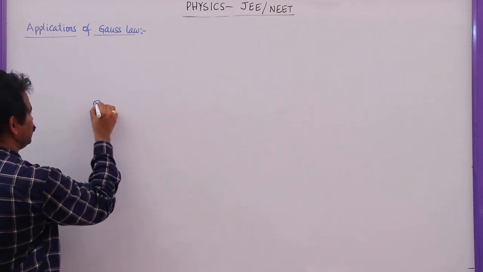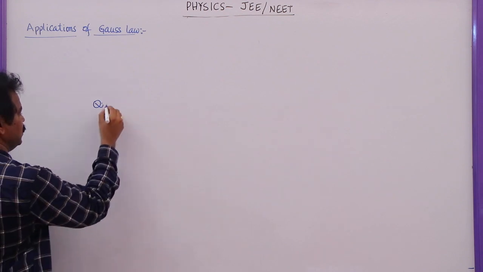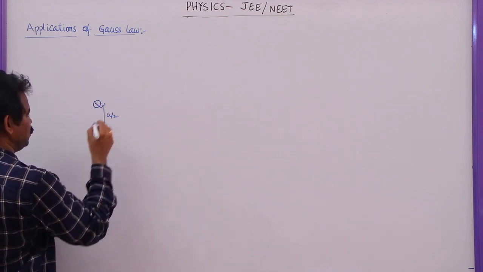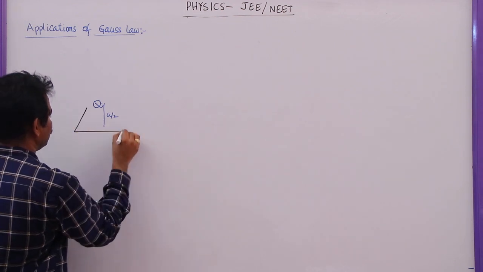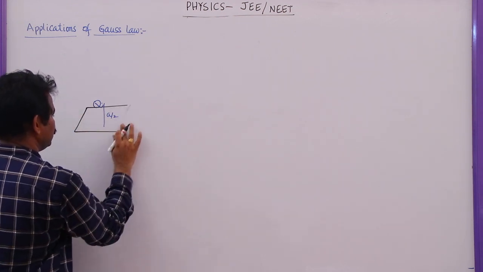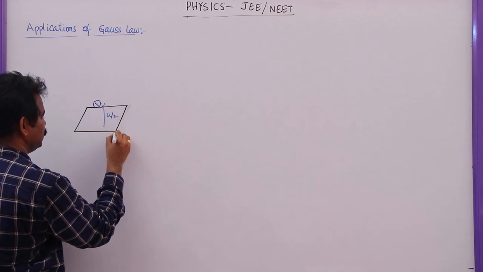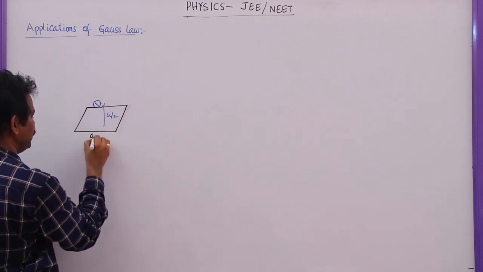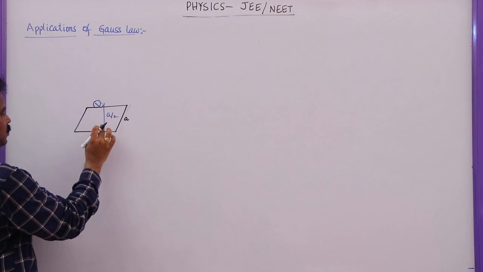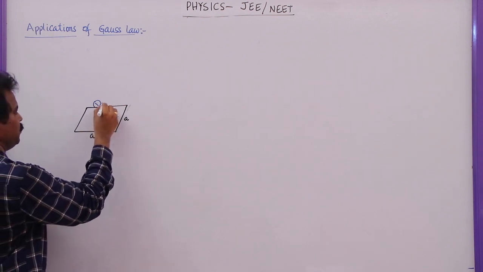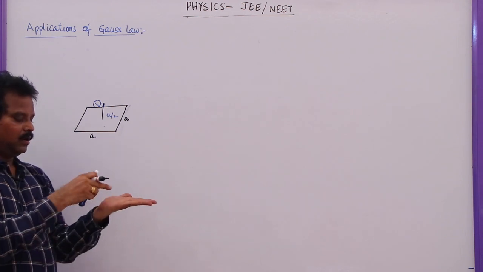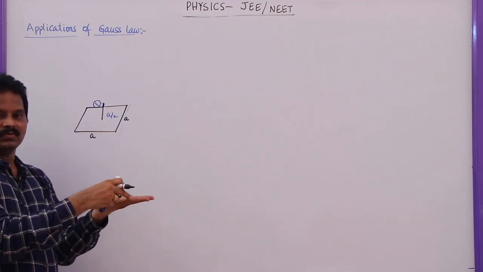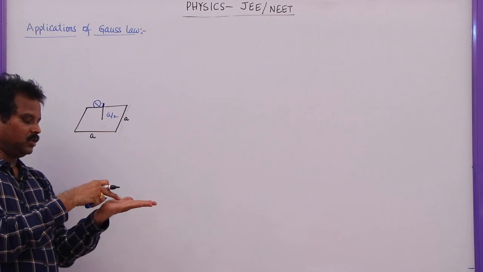Now let me give one more example. Let me take a charge Q placed at a distance a by 2 from the surface of a square plate. This is a square plate whose sides are A and A. The charge is placed just above the center of this plate at a distance A by 2.